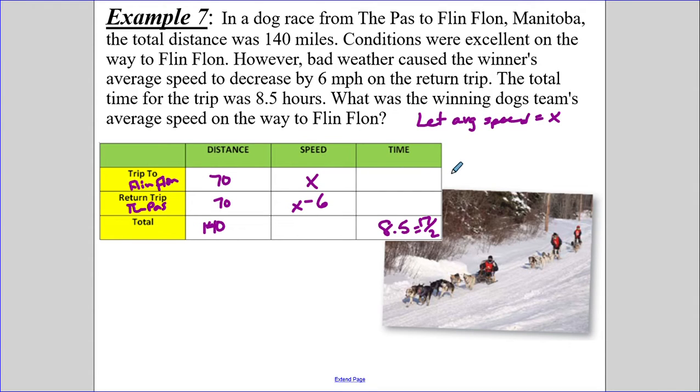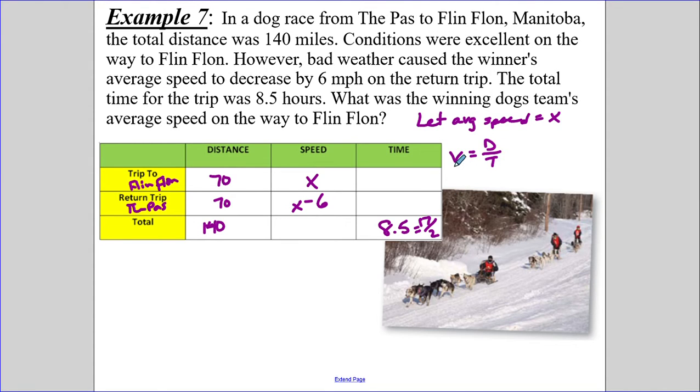Speed is normally measured in miles per hour, kilometers per hour, or meters per second. It's a distance per a time. So speed, which we normally represent as v, can be represented as v is equal to d over t.